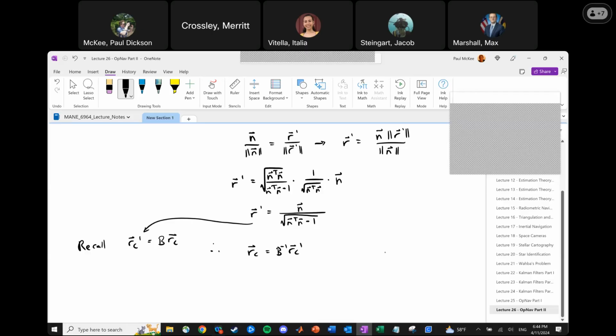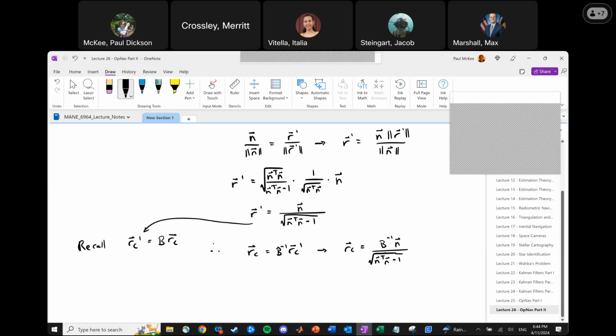Or we could think of it this way. RC. So this is the actual position of the spacecraft in the camera frame. I should be very clear. This is the vector from the spacecraft to the planet, so it's the negative of the position. That's easy to get confused. It is B inverse n divided by the square root of n transpose n minus 1.